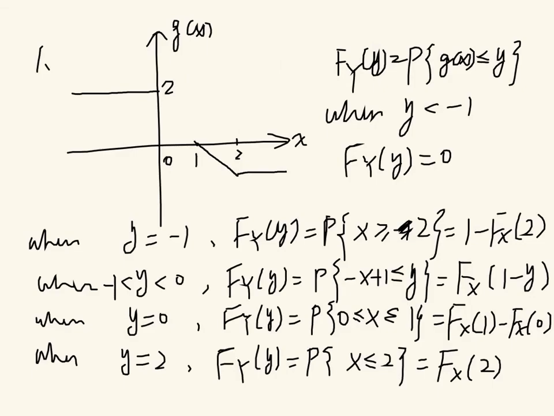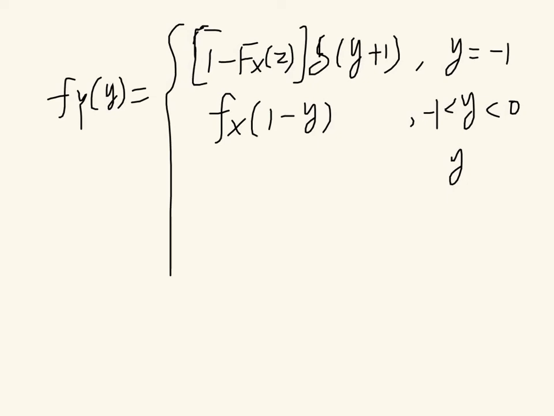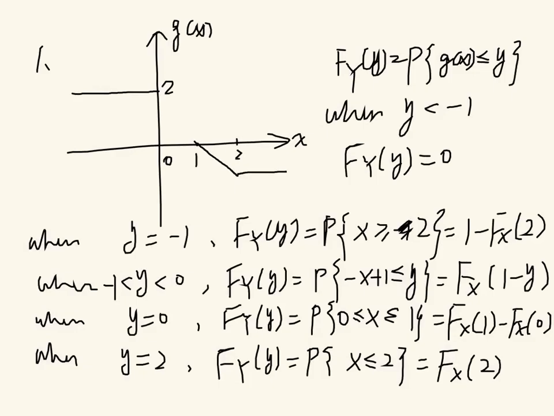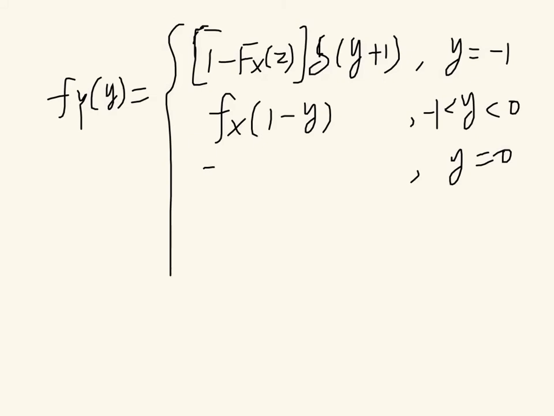And when y is equal to 0, we have f_Y(y) equal to F_X(1) minus F_X(0) times the impulse function at y equal to 0.